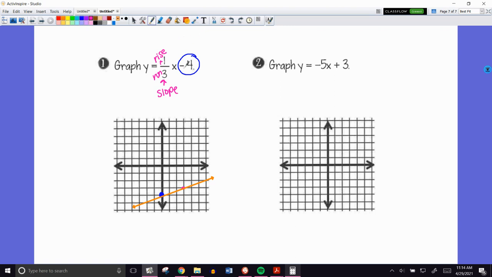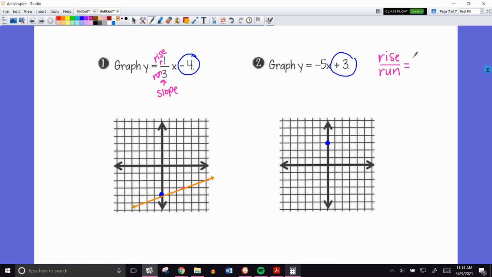So on this one, to start with step 1, we're going to plot our y-intercept. So I'm going to plot my +3. So I'm going to go 0, 1, 2, 3. Now for this problem, my slope is not a fraction that looks like rise over run, okay?